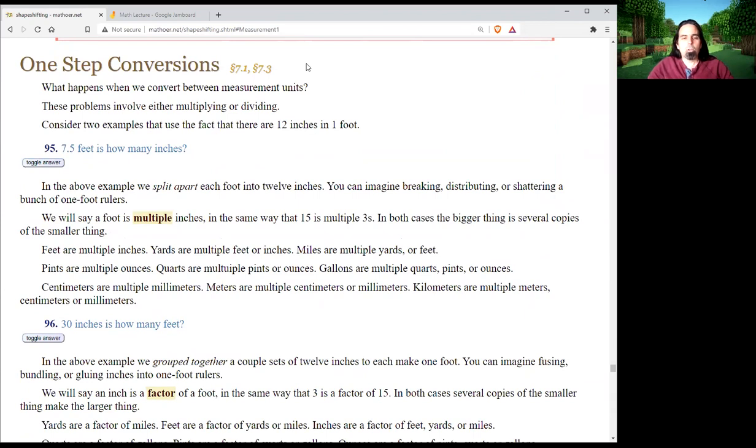And the math about measurement units that deal with one number at a time is how to convert from one measurement unit to another. And we'll do this either by multiplying or dividing. Most people in our class are most familiar with the standard American imperial system, whatever you want to call that one. So our initial example problems are 12 inches or a foot. First we can ask, 7.5 feet is how many inches?